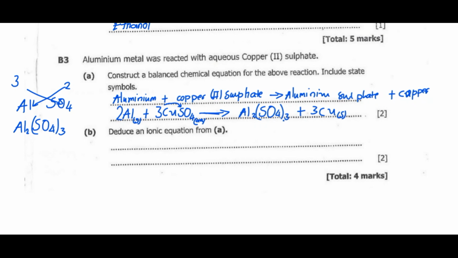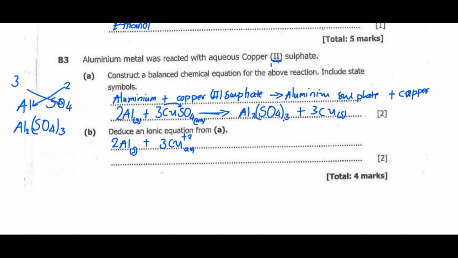So now, whenever you are trying to look at an ionic equation, we are going to break every compound that is in aqueous phase only. So begin with this one. So say 2Al. We are not going to put any charge. This is in solid state. Plus then copper sulfate is in aqueous phase. So say 3Cu. Then the valence is 2, since we have copper 2.